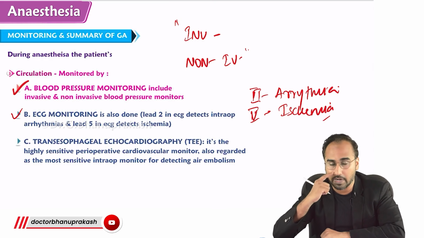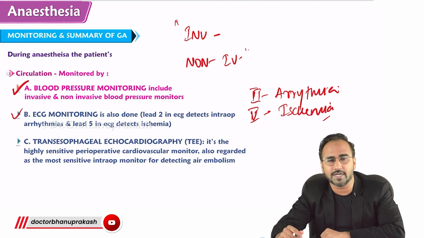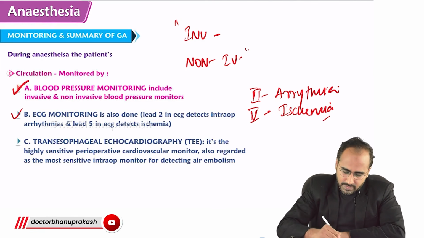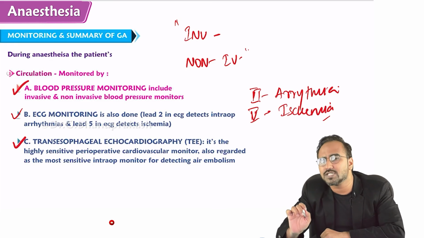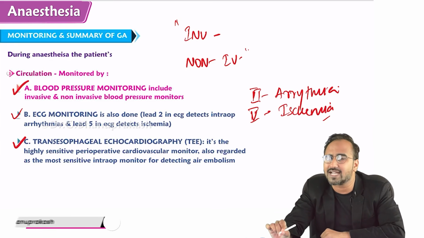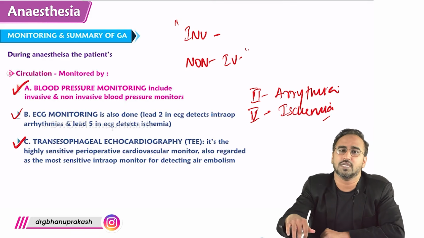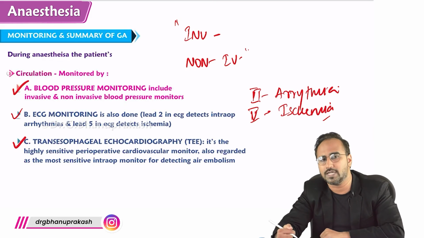Next, in circulation, the next thing that we monitor is TEE. So circulation can be monitored by BP, ECG, and TEE. TEE is a sophisticated monitoring required for major cardiac surgeries in which you are suspecting air embolism.